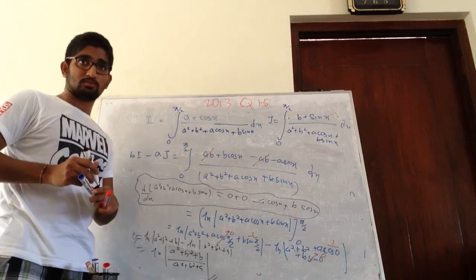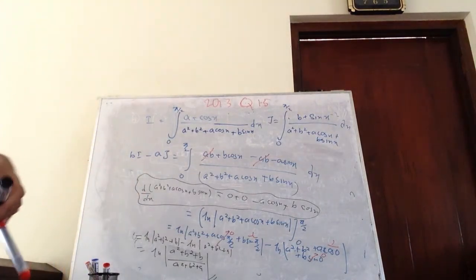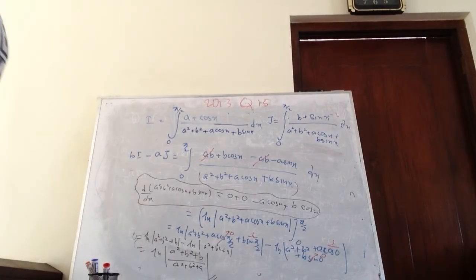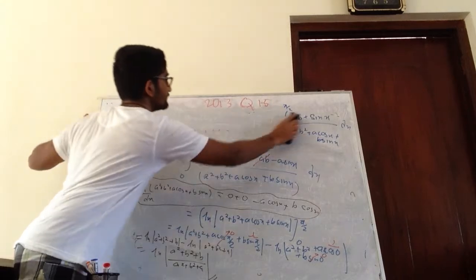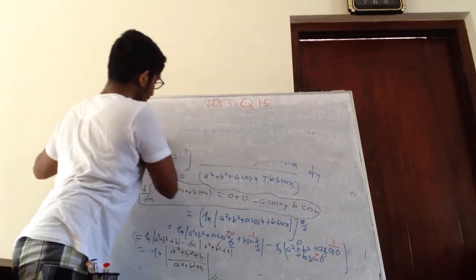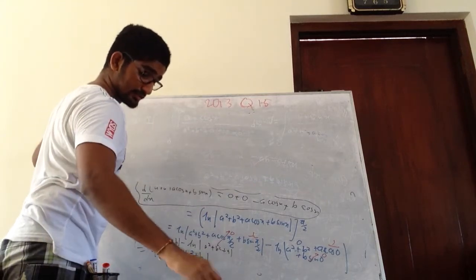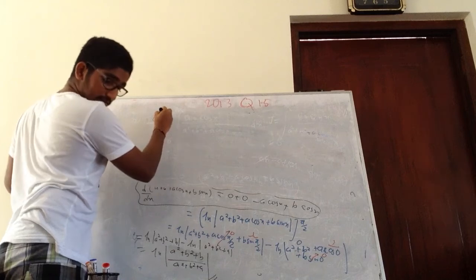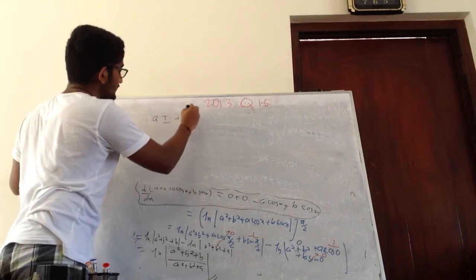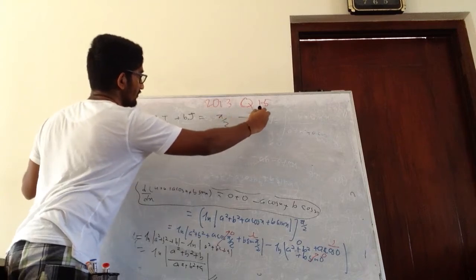Right, so write this down for the moment. Now we know some stuff. We know that aI plus bJ is 5π/2, number 1.